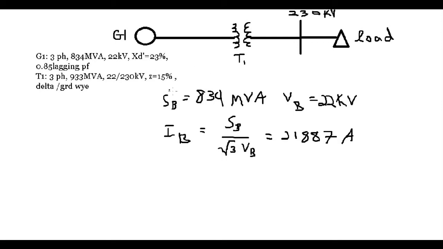Okay, we have the transformer impedance as 0.15 per unit, but that is given based on the power of the transformer, 933 MVA, so we need to take this to our base power of 834, and we use the equation Z new is equal to the impedance given, 0.15, times the voltage base old divided by the voltage base new, squared.